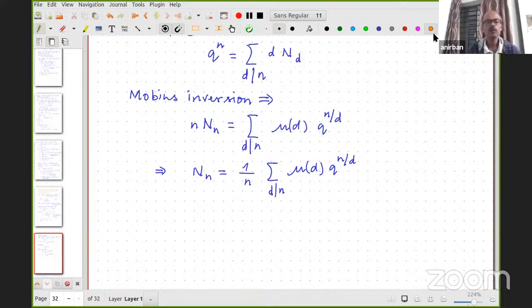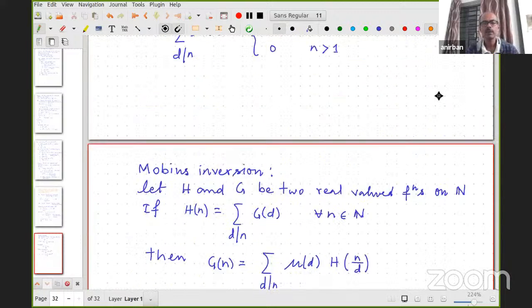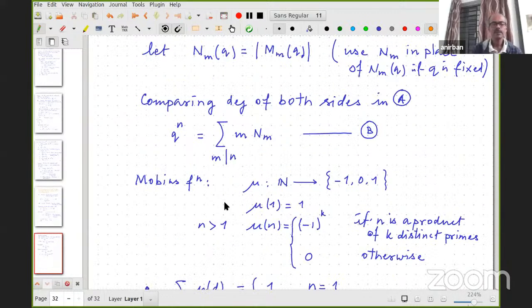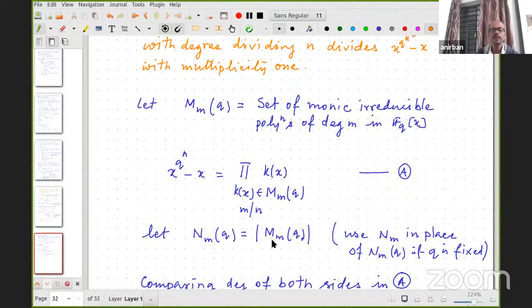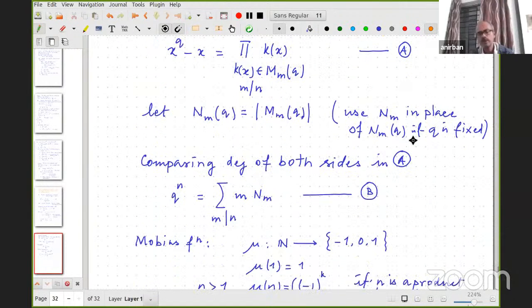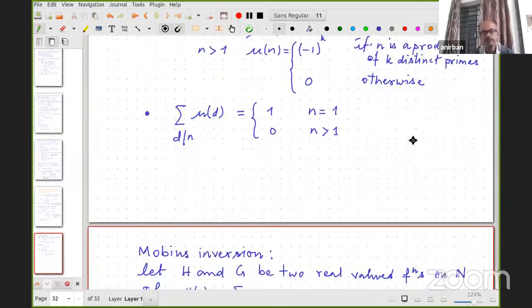So just recall what I_n was. This is the cardinality of the set of all monic irreducible polynomials of degree n, with q fixed, so fixing the field.